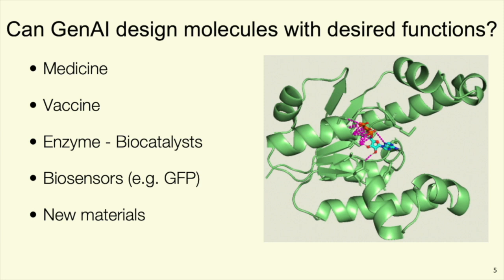It can be used as a biosensor, for example, to mark certain targets in our human body or in the cell, or to manufacture new materials. There is already a lot of work in chemistry and biology to design these through lab experiments, through trial and error.